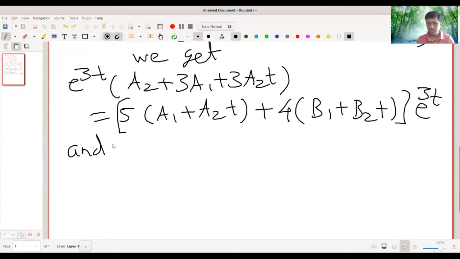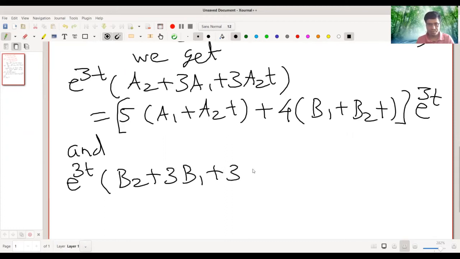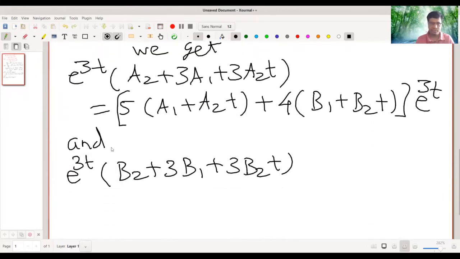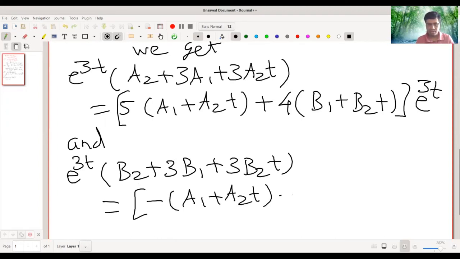And dy by dt equal to minus x plus y. dy by dt is e raised to 3t into b2 plus 3b1 plus 3b2t, equal to minus a1 plus a2t plus b1 plus b2t into e raised to 3t.